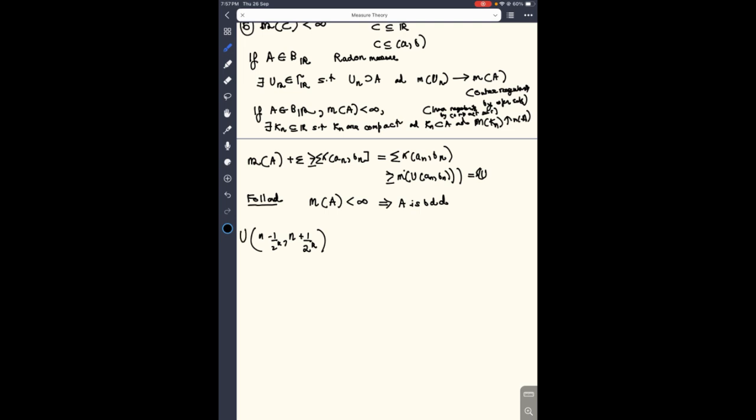Take the union for all n in the natural numbers. These are disjoint, most probably. Take k to be greater than 1 or something. So this has finite measure, probably 1 or half, but this set is unbounded.